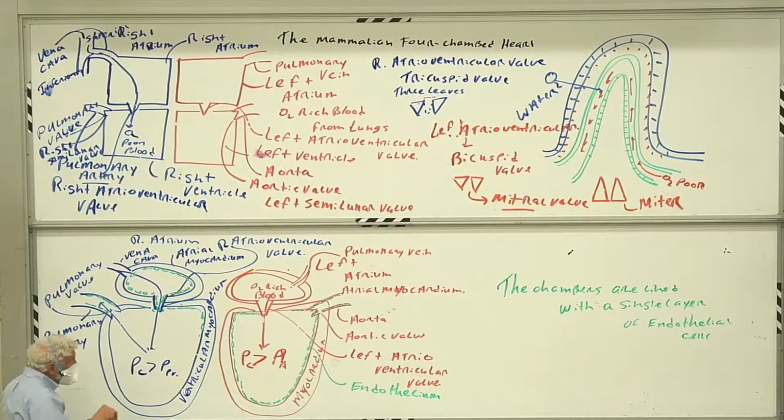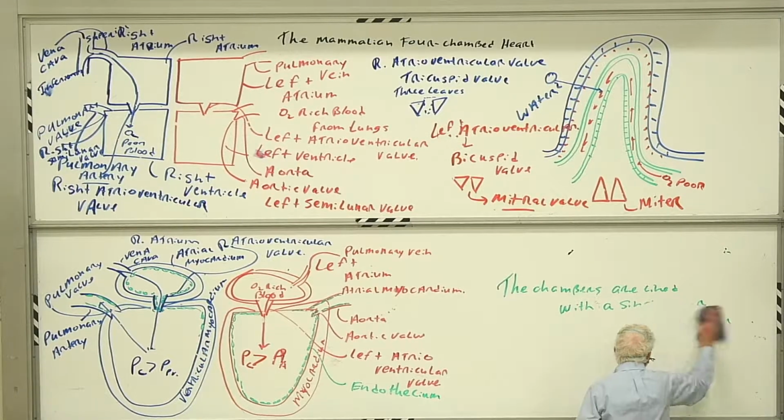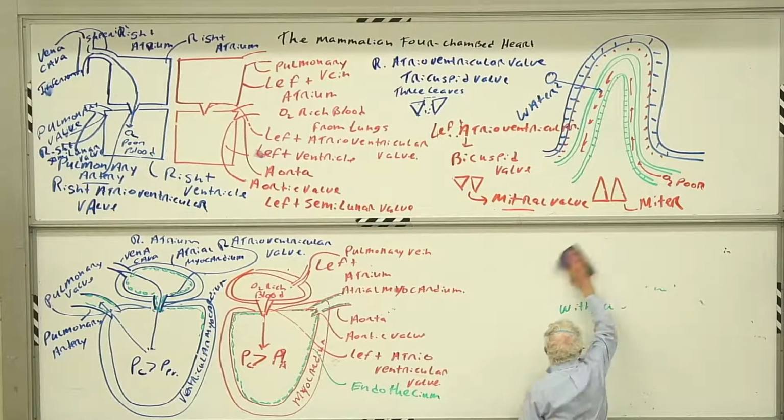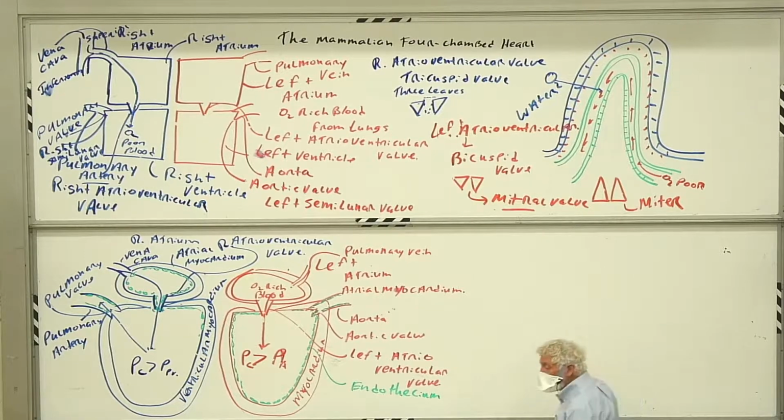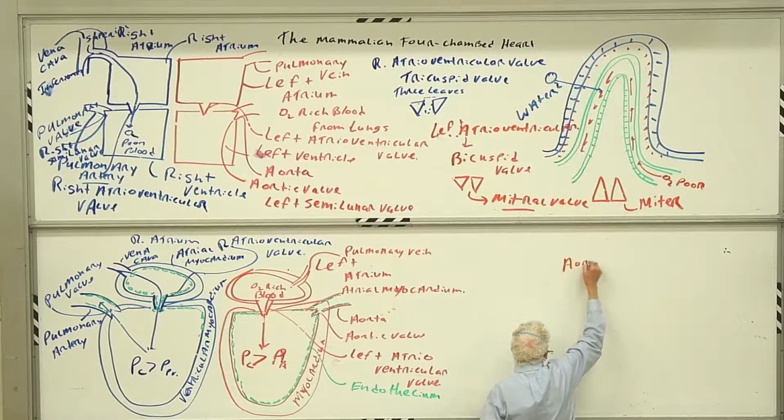So if we follow the sequence of blood through the system, we see that the pattern is that when blood flows away from the heart, it enters the aorta.